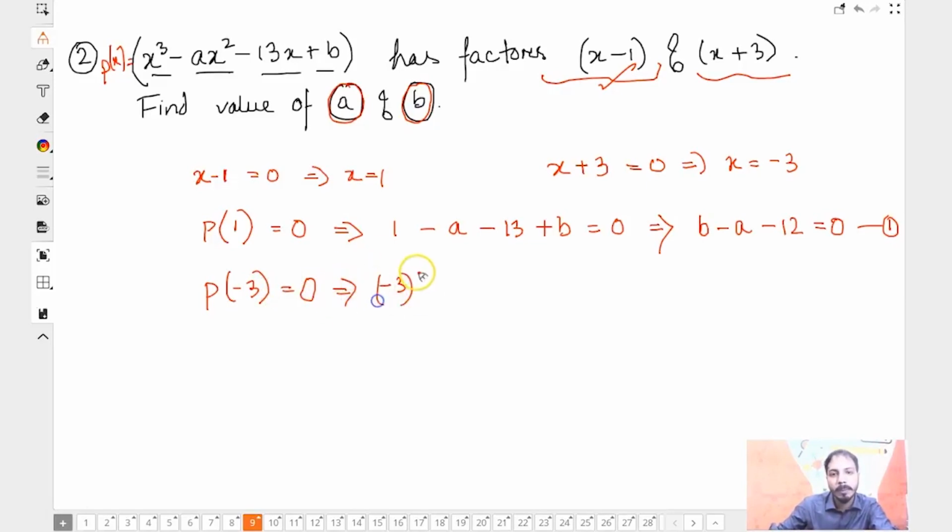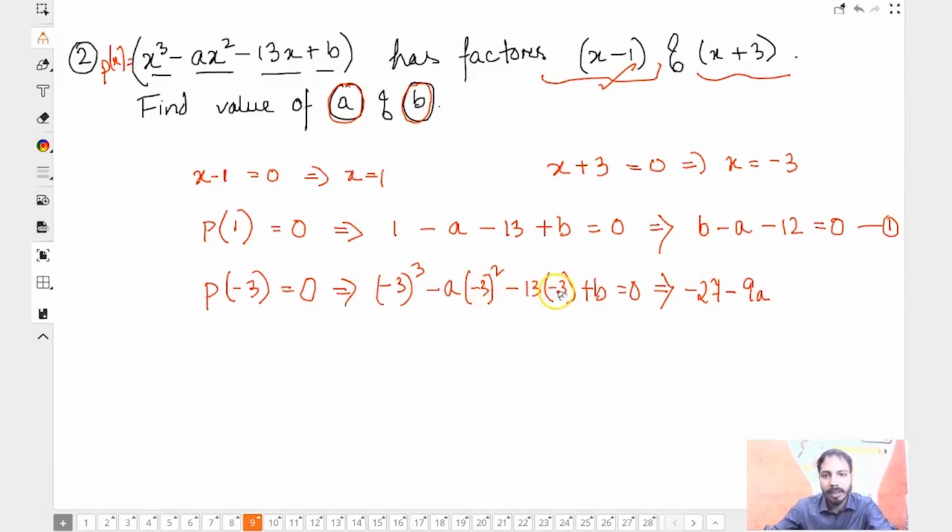So minus 3 whole cube minus a into minus 3 whole square minus 13 into minus 3 plus b is equal to 0. So now what will I get here? This is minus 27 here, and here minus 9a, and plus 39, because minus 13 and minus 3, and here plus b is equal to 0.